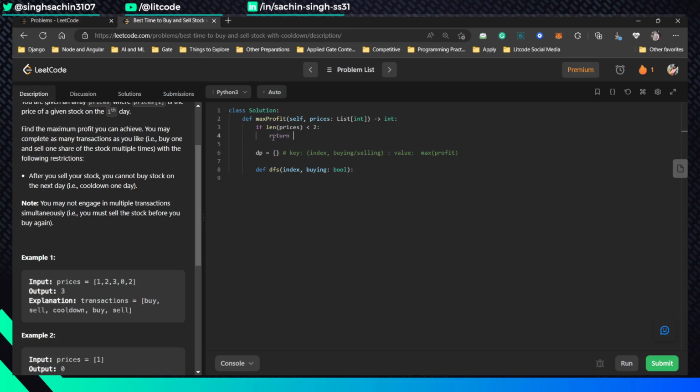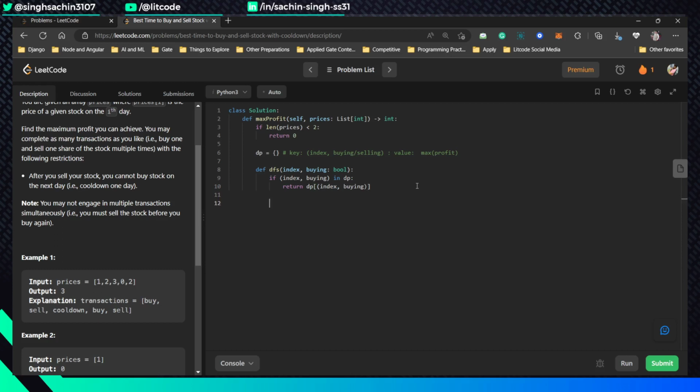In that case, I'll simply return 0. Next I want to check if we already have that index and similar buying state in our DP map. If yes, then I would just return the value of that key.